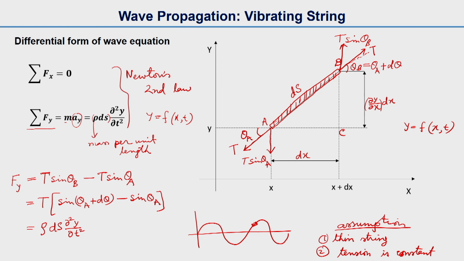So we are assuming that all the motion takes place in the y direction. There is another assumption that all motion is in the y direction. Why? Because we are giving only y direction motion to the string.